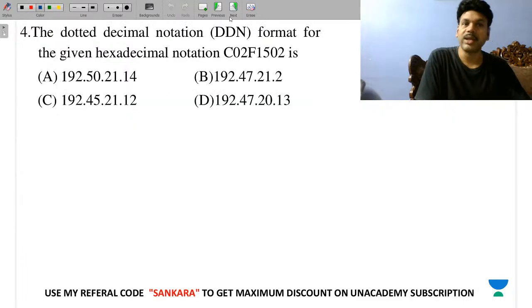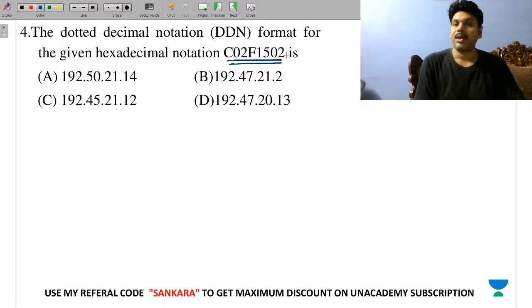If you look at the next question, some dotted decimal notation is given in the form of hexadecimal digits, and you need to convert it into dotted decimal form.